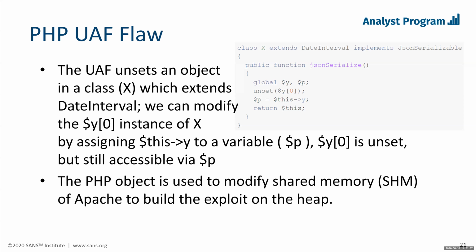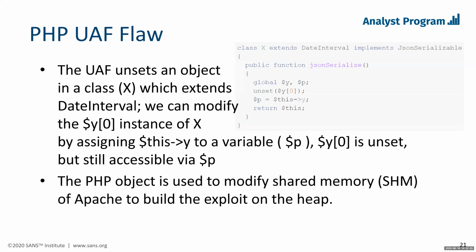So the use after free flaw is present in an older version of PHP, which has subsequently been patched. This came out at the end of 2019. The way this worked was a class, in this case called class X, extends a class which is DateInterval and implements the JsonSerializable capability.